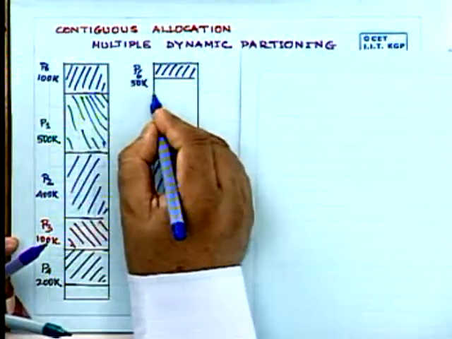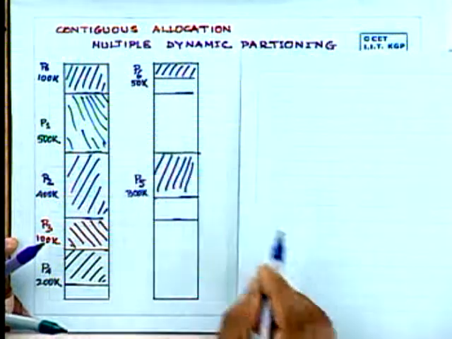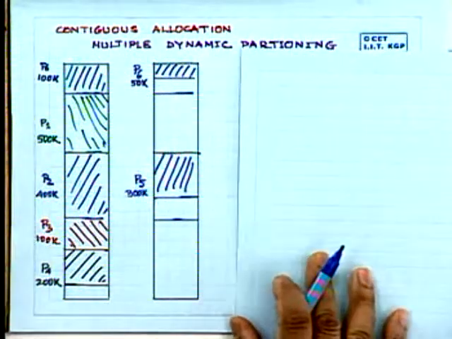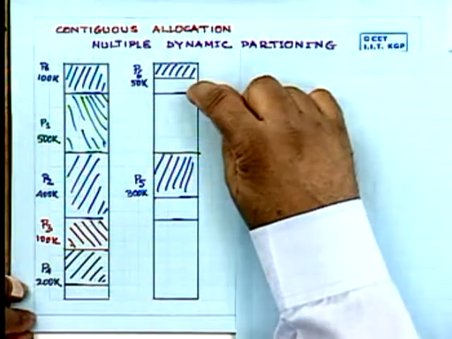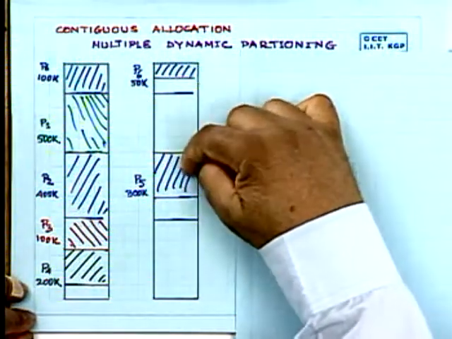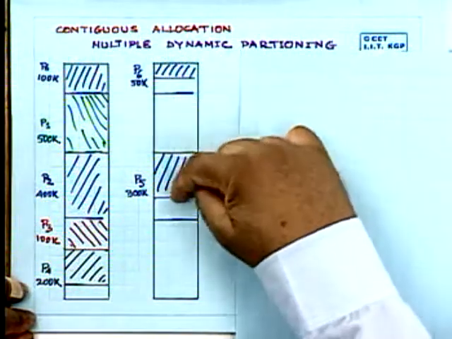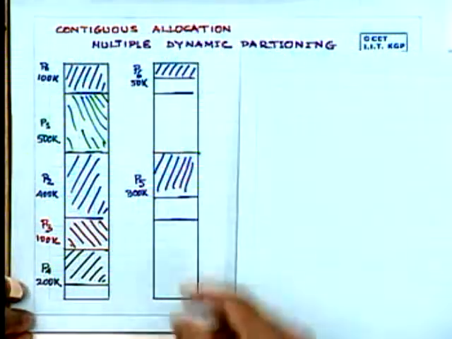Therefore you can see easily that this is a hole that is generated, which means that after some time we'll find that this entire memory will once more get fragmented into holes and occupied areas. And the holes will be strewn all over that entire memory.